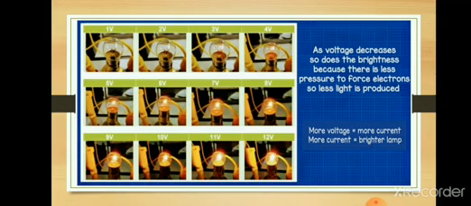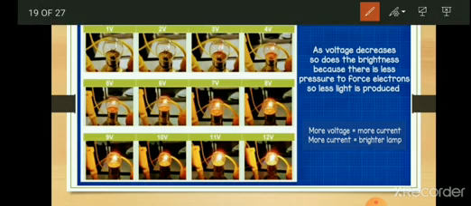Student, if the potential difference is increased, means more the potential energy, then more number of electrons will be moved. If more number of electrons are moved, then there is the brightness of the lamp.